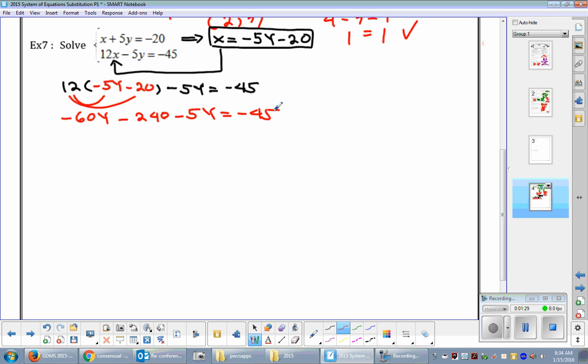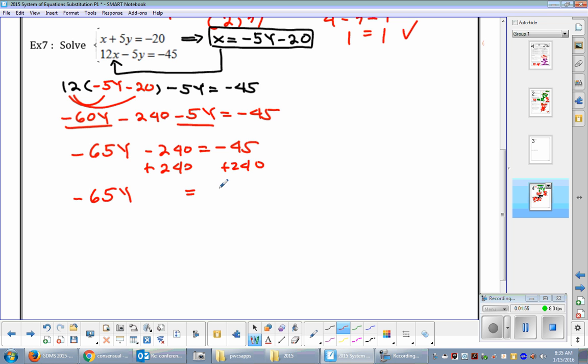Combining like terms, we have negative 60y minus 5y. It's negative 65y minus 240 equals negative 45. And then when you add 240 to both sides, what do we have here?